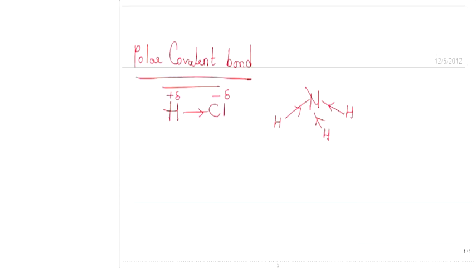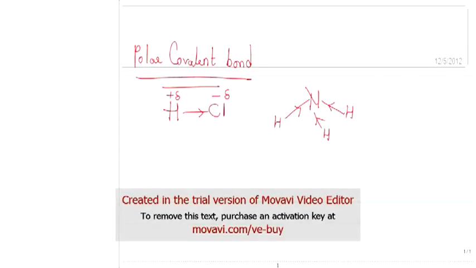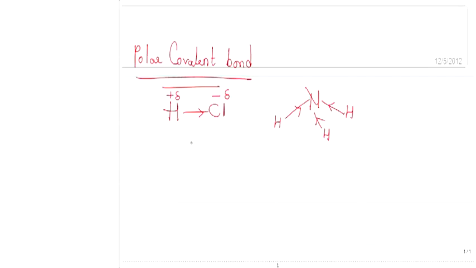Now, the point is, if we talk about a polar covalent bond, what do you think should be an extreme case of a polar covalent bond? Here, if you take up H and Cl, there's a polar covalent bond in between them. What would be an extreme case of that?